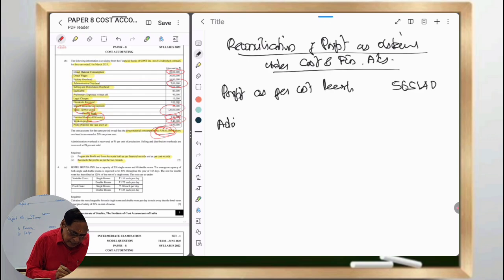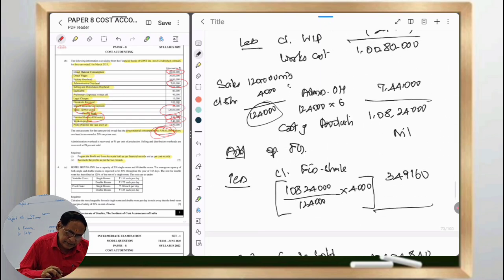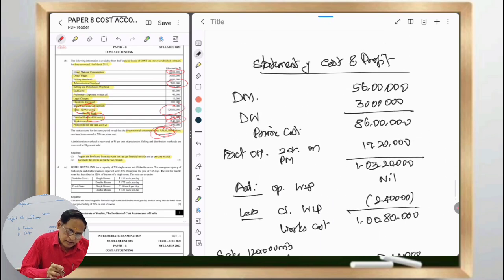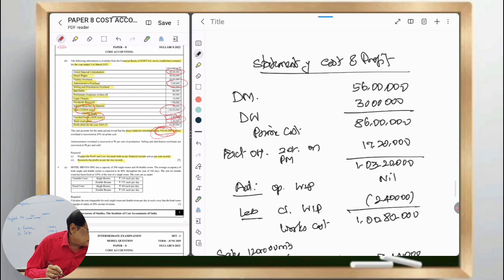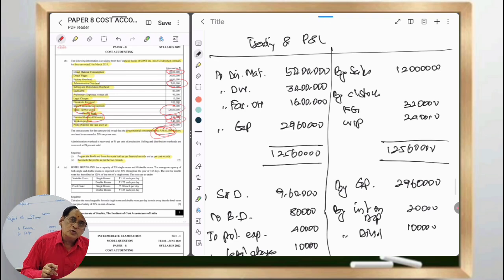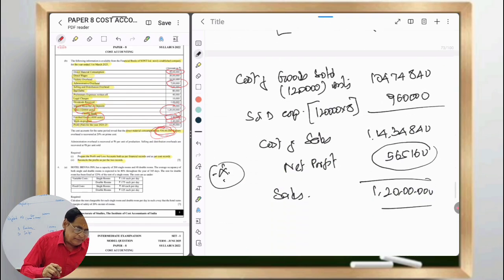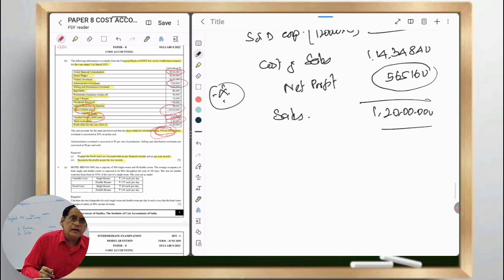What are the things added? So excess of material consumption. For example, direct material in costing records is 56 lakhs, but in financial records it is 50 lakhs. So 6 lakhs are mentioned extra in cost accounting.